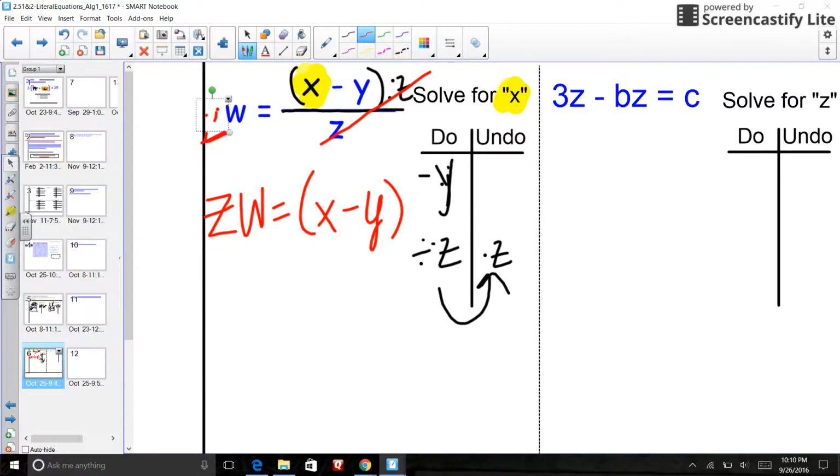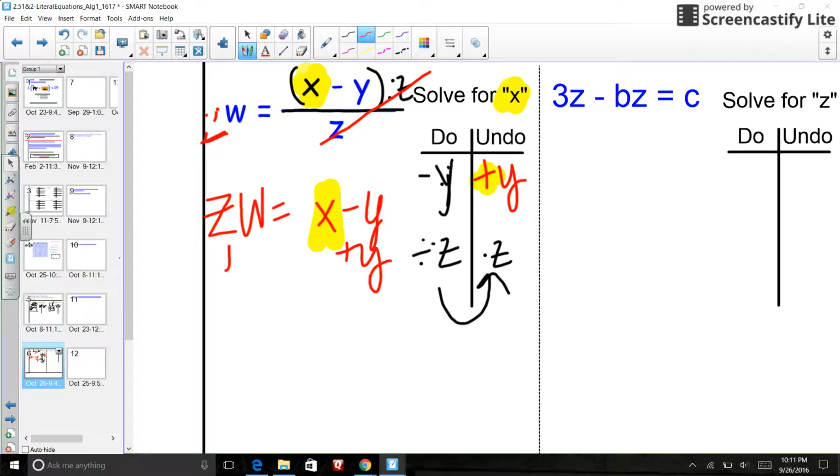Now at this point in time, do I need those parentheses anymore? Nope, I've taken care of that, so I can take them off. My goal is still to get that x by itself, right? So I look at the x. How do I undo that minus y? To undo minus y, I would plus y.